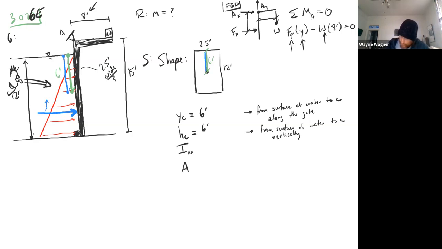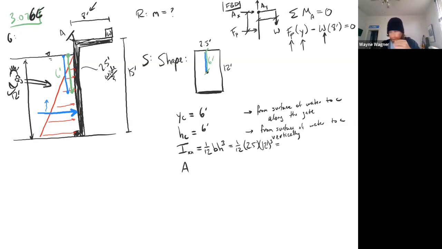All right, the moment of inertia. If you look up again in that shape chart, for a rectangle it's 1/12 base times height cubed. The base in this case is right here, 2.5 feet, and the height is 12 feet.